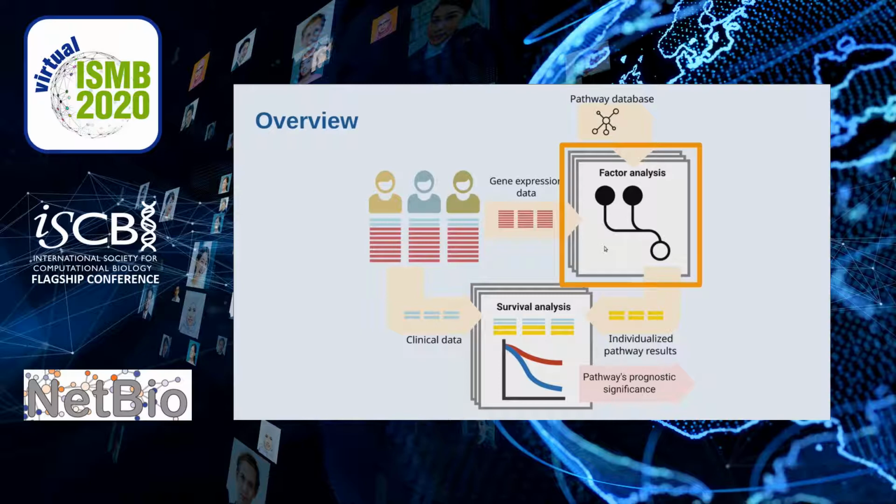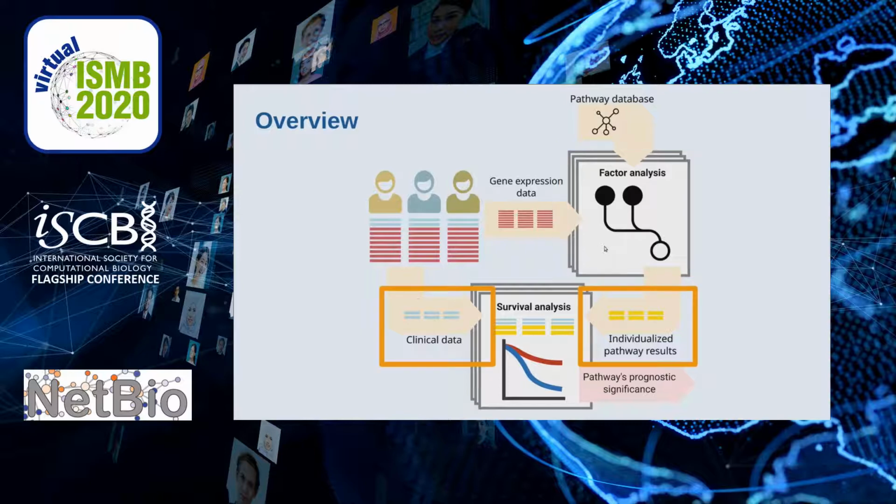So then we project the samples onto the first principal component to get what we think is the best proxy for the individual pathway activation of that sample.